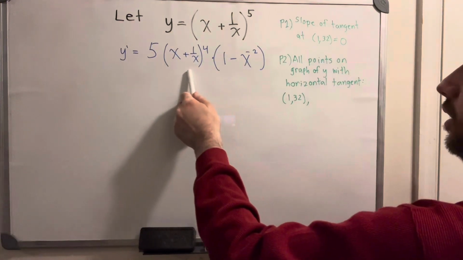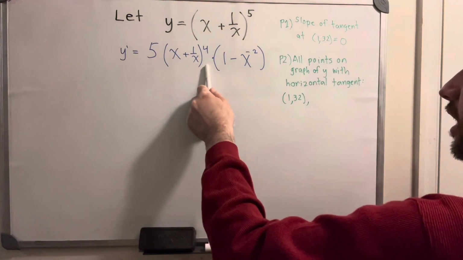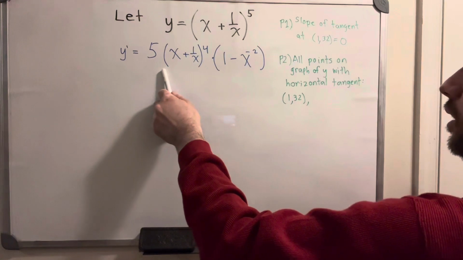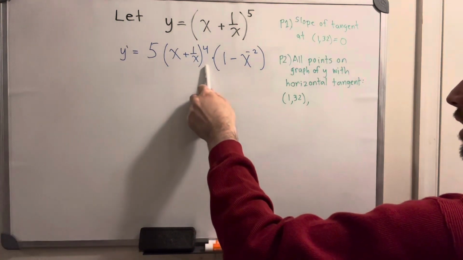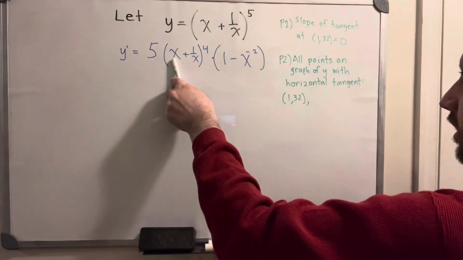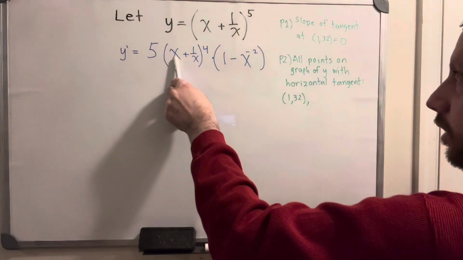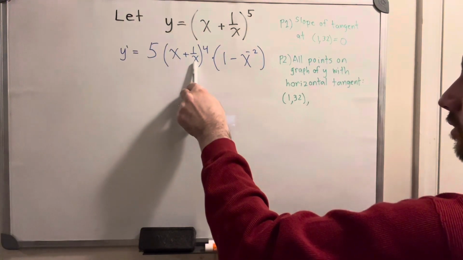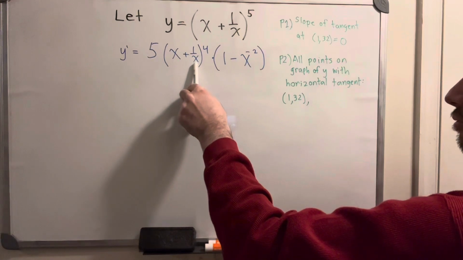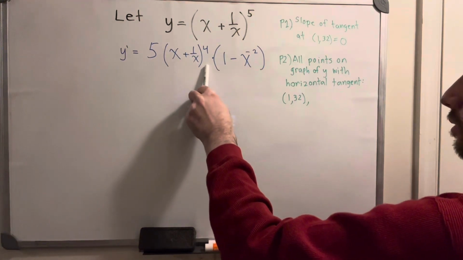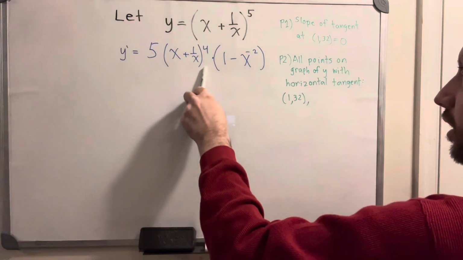Let's look at this part. Can this part ever be 0? What would x have to be to make this 0? Obviously 0. But if x is 0, then is 1 over 0 defined? No. So you can't make this part be 0.